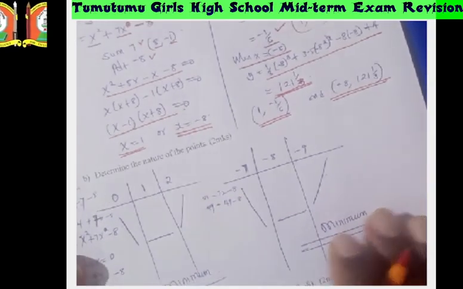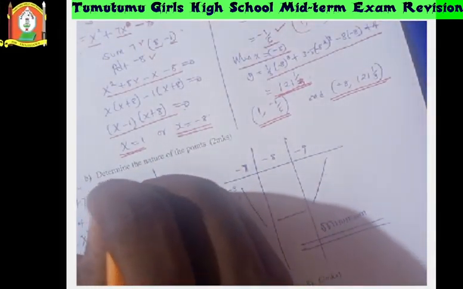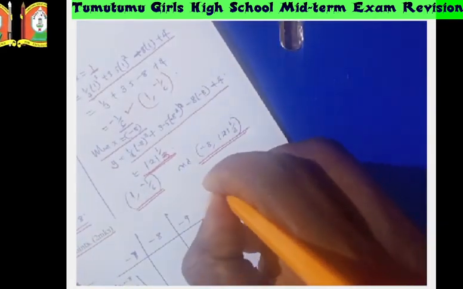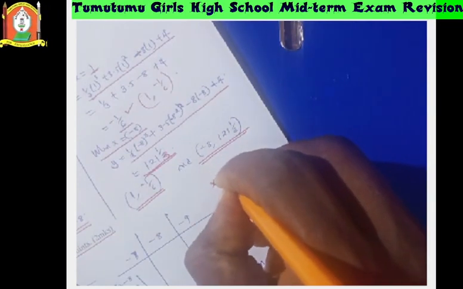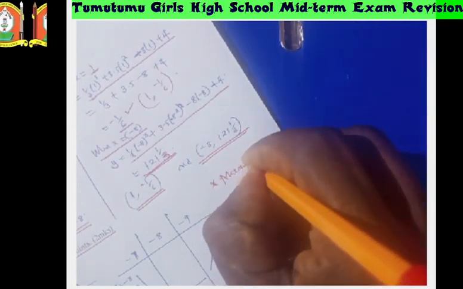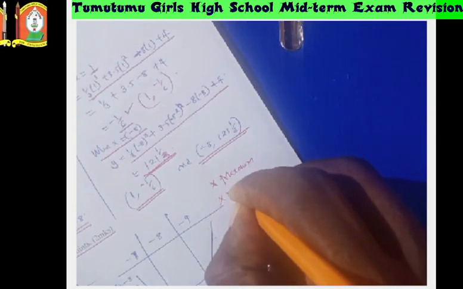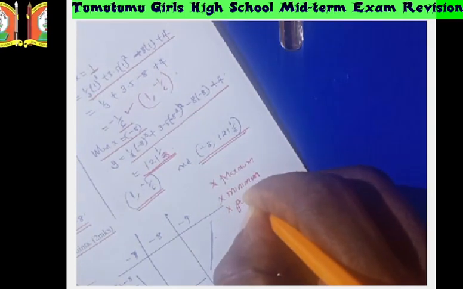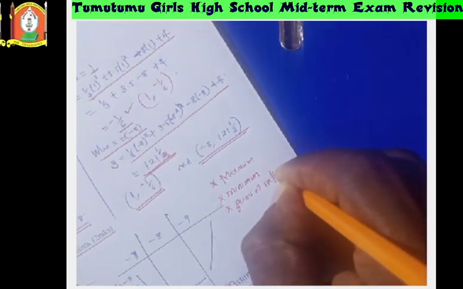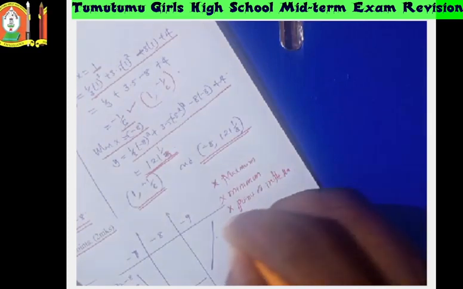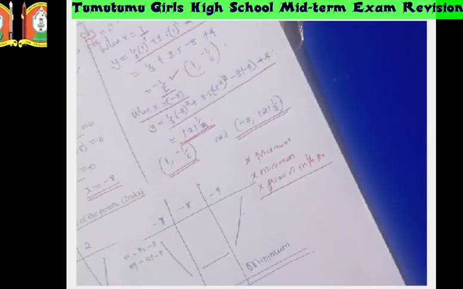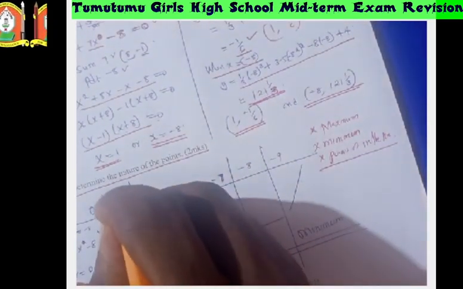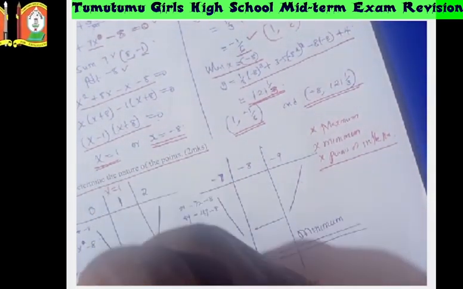B. Determine the nature of stationary points. Here we want to determine whether the stationary points we have are a maximum, or a minimum, or a point of inflection. So we judge by taking the stationary point where the value of x was 1.